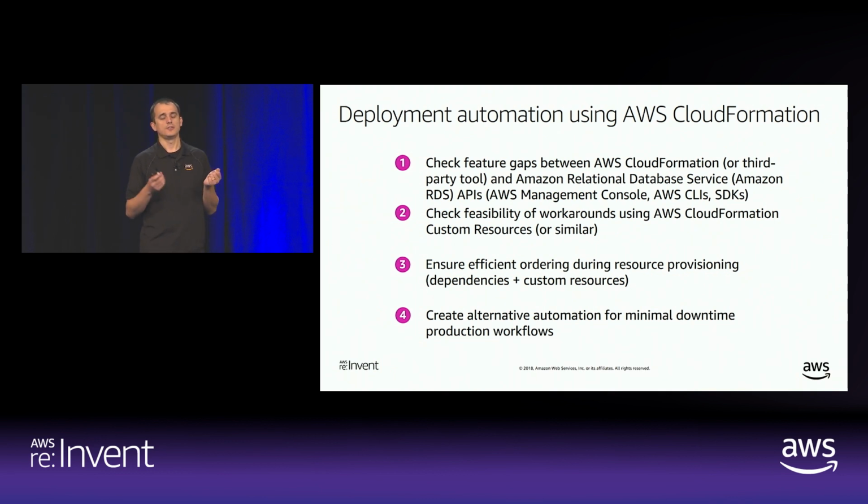And of course, if you need minimal downtime production workflows, right? If you want to upgrade, for example, Aurora from 5.6 to 5.7 on the MySQL side, you can't do that directly and natively in CloudFormation without a more extended downtime. If you want minimal downtime in that type of scenario, you would have to make some changes in CloudFormation, like provisioning a new 5.7 cluster out of a snapshot from the old one, and change your template to have that new cluster.